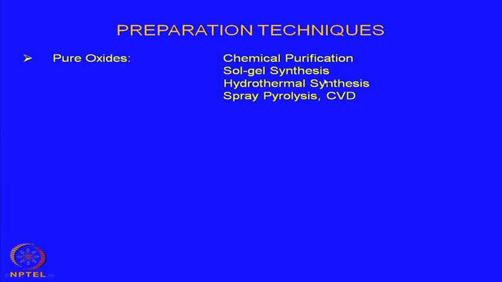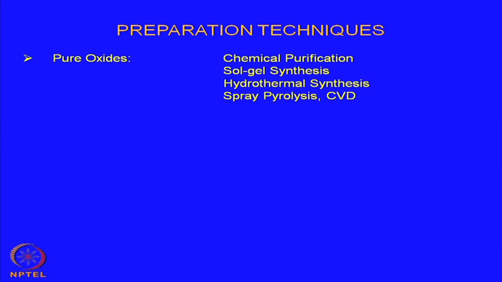So, sol gel is one technique by which you can make either micron size or nano size particles of different oxides or mixed oxides. We will come to that also. Hydrothermal synthesis is another area. It is not just sol gel, but you take a solution and then heat as well as pressurize.